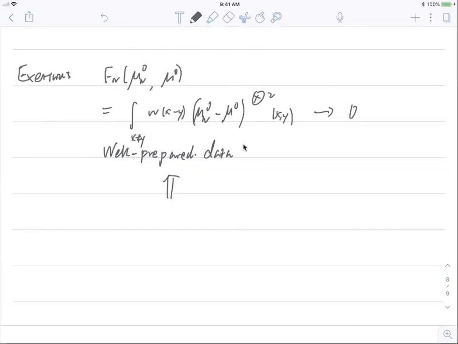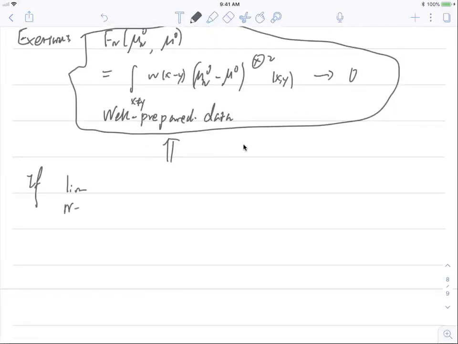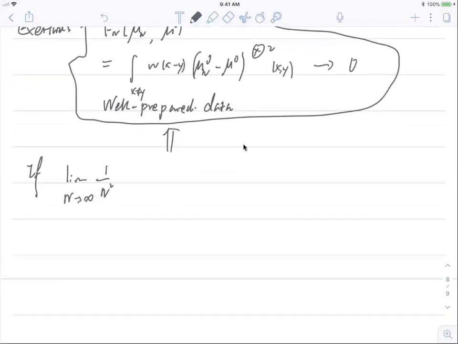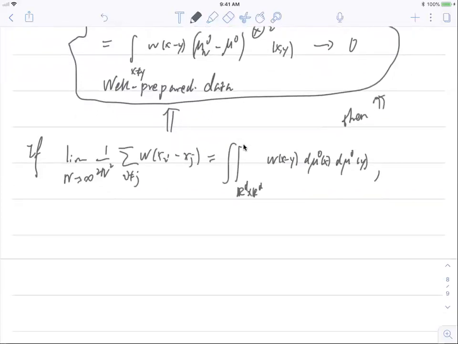If you have the convergence of interaction energy, then automatically you will have well-prepared data. You can find this in During's paper.